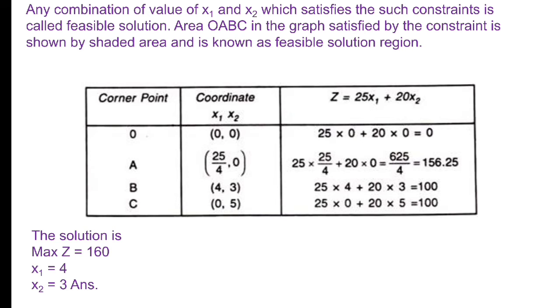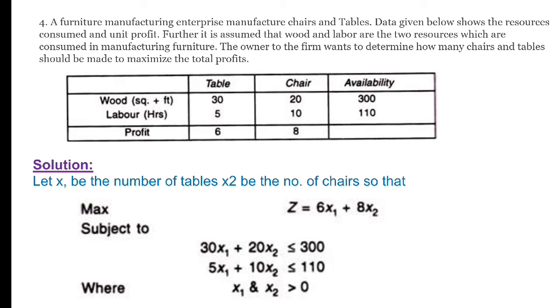So we'll see another problem. It is given in the problem like this: a furniture manufacturing enterprise prepares chairs and tables. Wood availability is 300 square feet, and labor availability is 110.